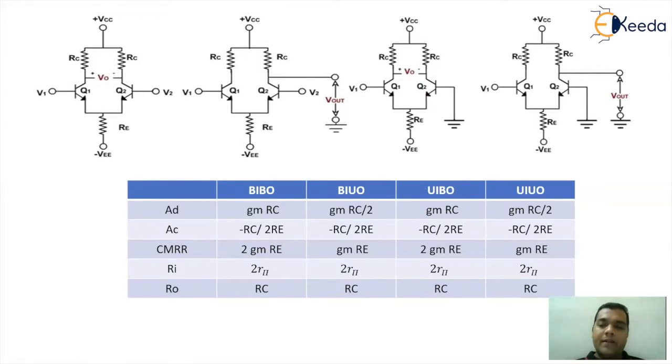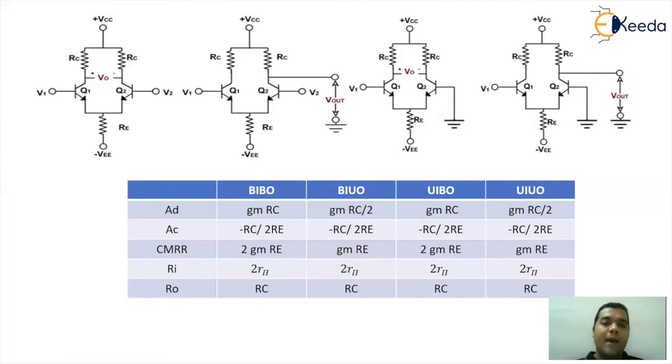The third parameter is CMRR, common mode rejection ratio, which is the magnitude of AD by AC. Then we have the input resistance and the output resistance of the differential amplifier. All these can be derived using the AC equivalent circuitry. I will discuss all the outcomes one by one.